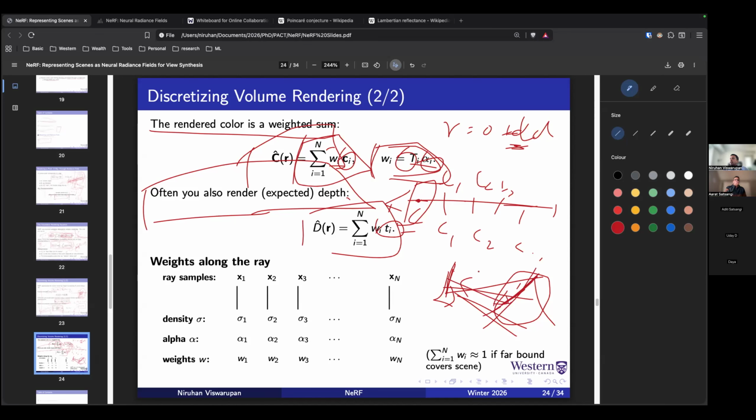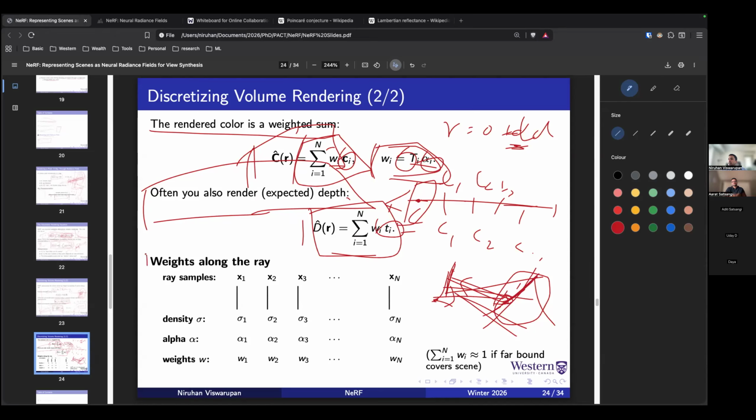It requires some imagination, but I don't think we need to go into that. You just need to understand the rendering of color, but you can render the depth also, and in expectation it will give you the distance between the origin and the hard surface that the light is terminating at.